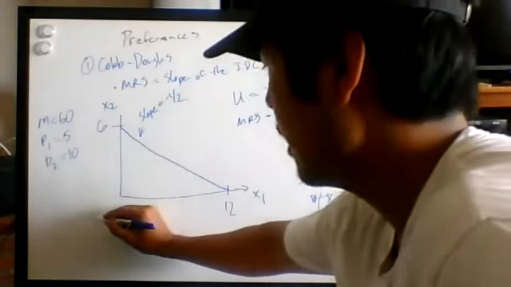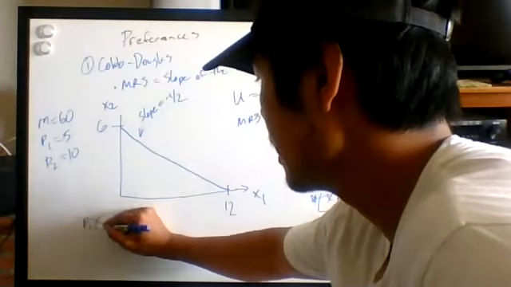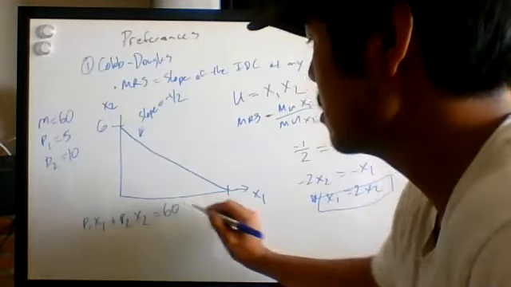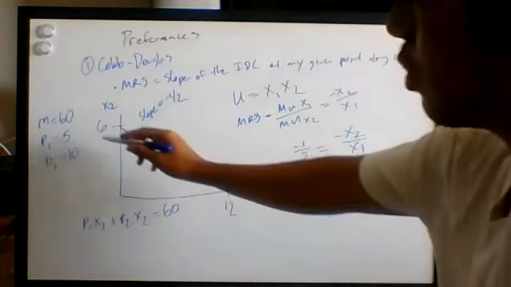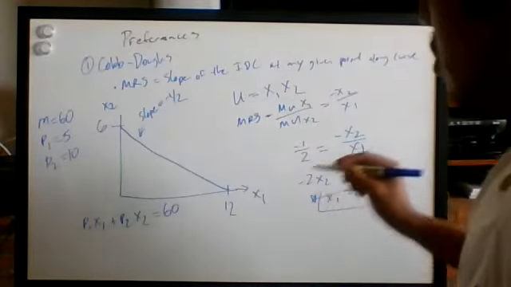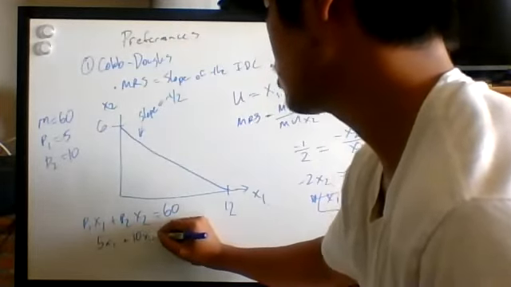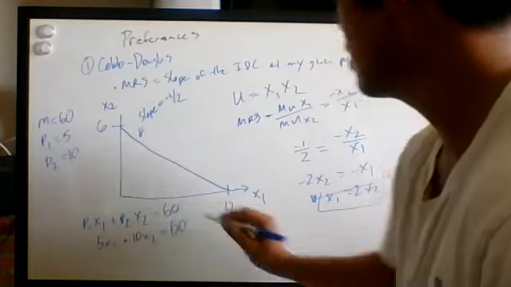So I have P1 x1 plus P2 x2 is equal to 60. I know what P1 is and I know what P2 is, so this becomes 5x1 plus 10x2 is equal to 60.